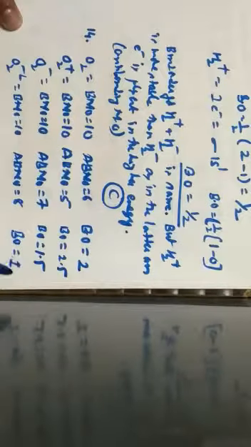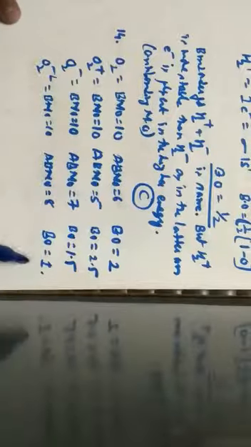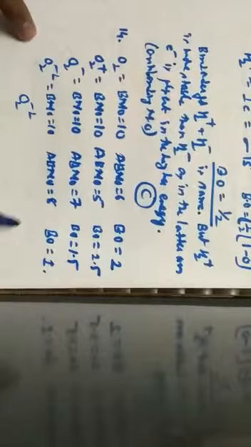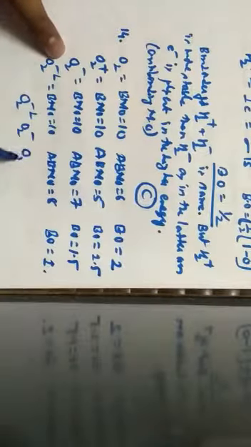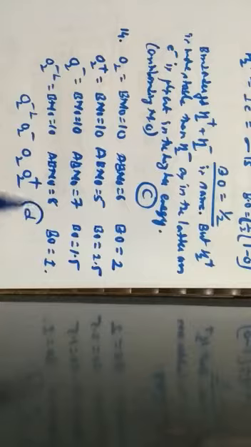Therefore, the bond order is what? 1. So by this, here they have given to arrange the following in the increasing order of their bond order. So bond order 1 is what? O2 minus 2. In the increasing order of bond order, first will be O2 minus 2, second one will be O2 minus, third one will be O2 and fourth one will be O2 plus. So this is given by the option what? Option D.